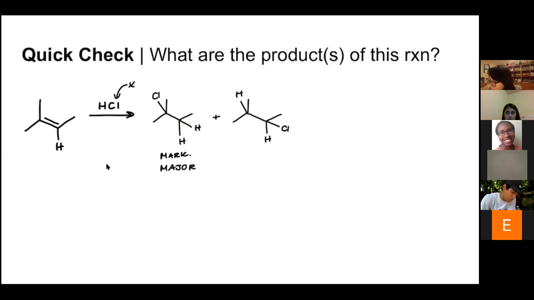And if anyone's confused, again, the carbon on the right, in this case, has the H, so we're going to add our H to be with his buddy. So this guy has to be anti-Markovnikov. He's going to be the minor product. Anyone have any questions on that?